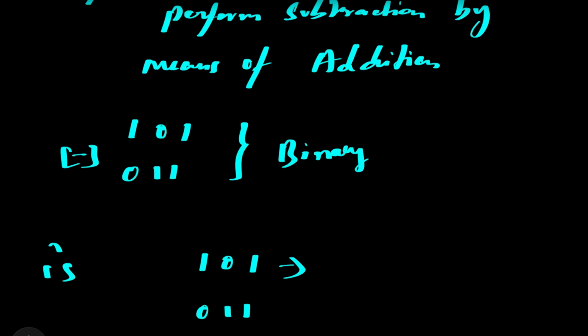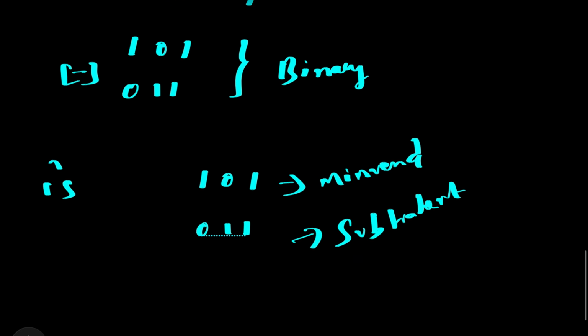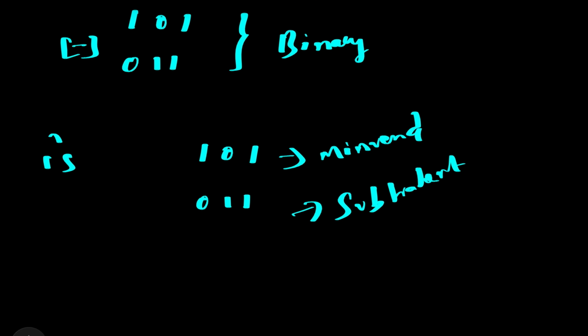So consider this the minuend. This is just a mathematical term, I don't want to overload you on it. Just understand it for now to track the statements, it will be easy for you. Subtrahend, it's a D, subtrahend.